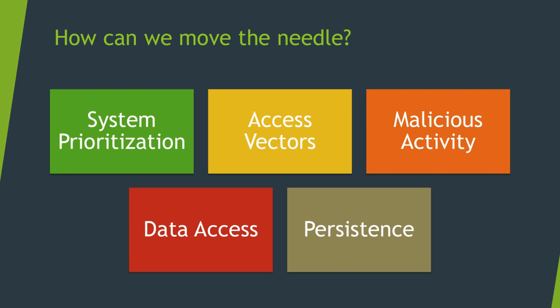We also want to know what they did while they were in there, what tools they were running, what might be at risk, as well as what data they were accessing, so that counsel and the people in charge can make a decision about whether or not they need to notify victims or they know that data was lost. And then obviously we want to know, are they still in there?